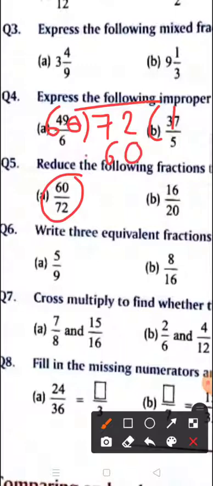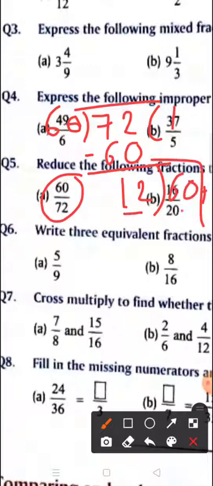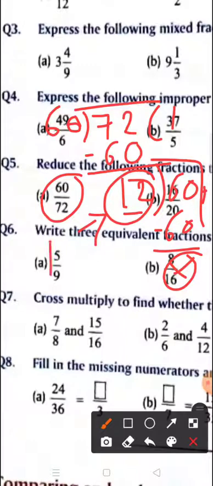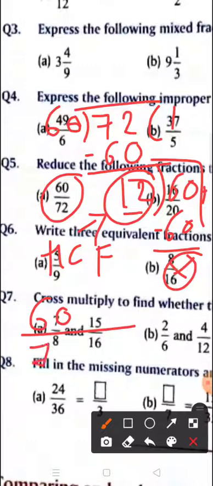What is remaining? 12. Now here comes 60. How many times does it go? 12 5s are 60. Here the remainder is 0. That means this number is your HCF. Now your number is 60 upon 72.